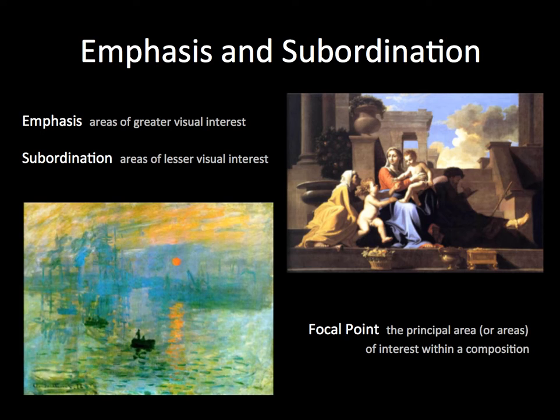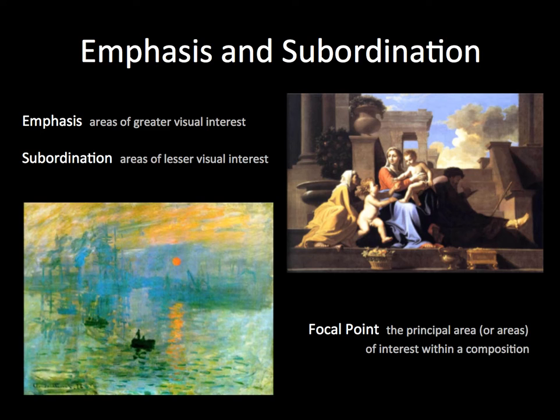And then most of the area surrounding it is kind of mixed in to where the color isn't as intense as that sun. So that's why that sun really stands out. It's because of its intensity. On the other hand, the boat there in the foreground really stands out because of value, that it's darker and the areas surrounding it are lighter. And so through either temperature or value contrast here, the artist is creating areas of emphasis.